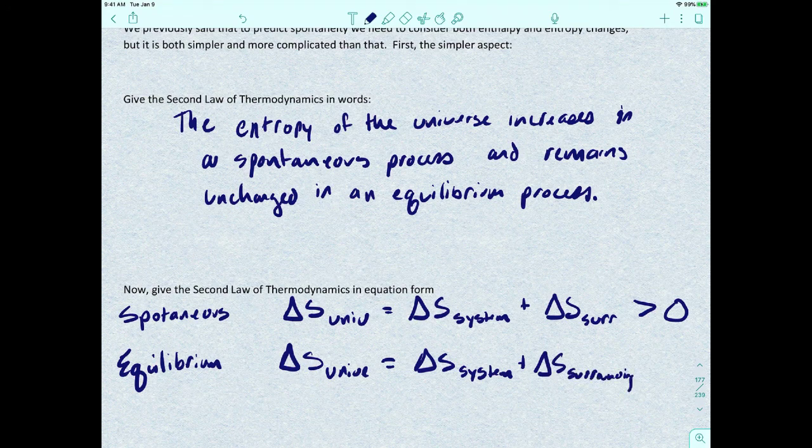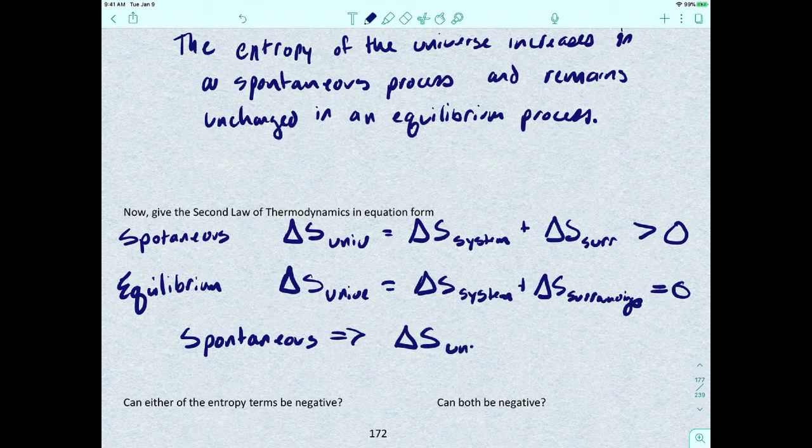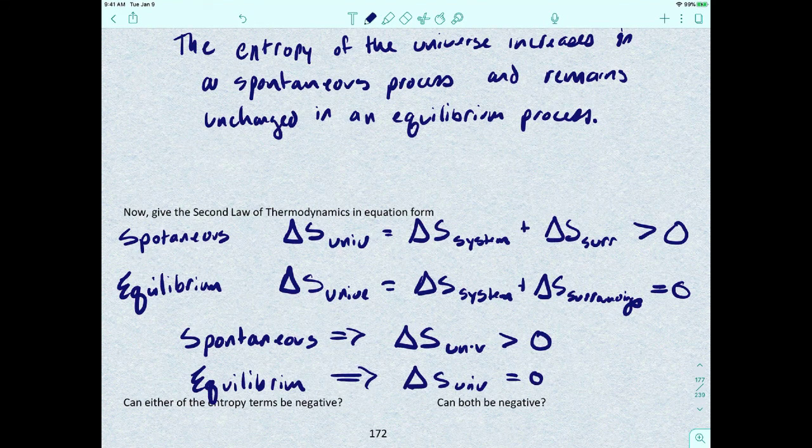According to what we said above, this has to be equal to 0. So, to simplify, if it's spontaneous, the change in entropy for the universe has to be greater than 0. And if a process is at equilibrium, then the change in entropy of the universe has to be equal to 0.